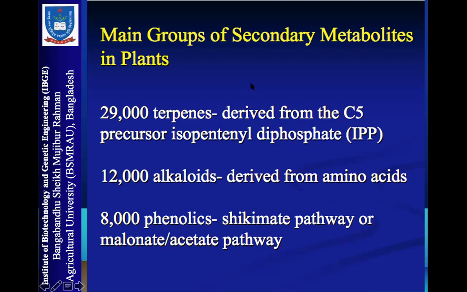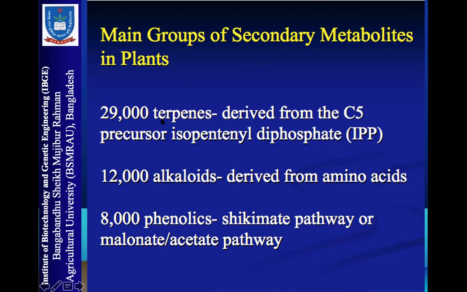But you may ask, what about humans? Humans do not need to synthesize secondary metabolites because we have a powerful immune system, antibodies and T cells and many other mechanisms to fight against pathogens. But plants and microorganisms have no such powerful defense or immune system. So their immune system is different and fascinating, and secondary metabolites are involved there.